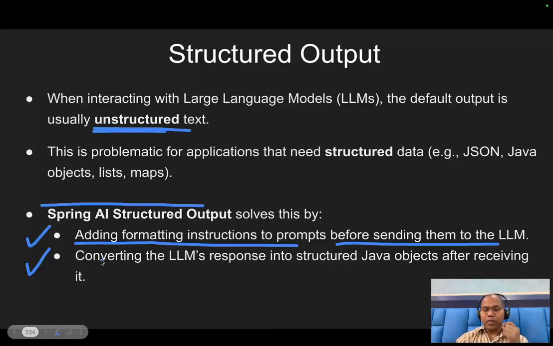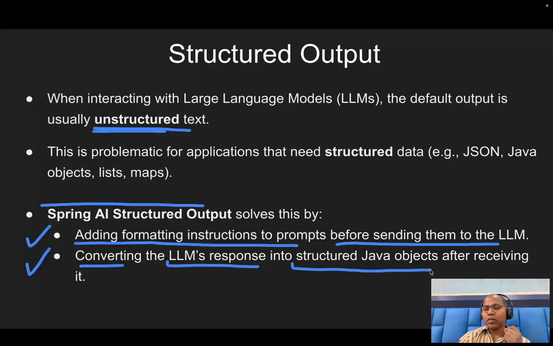And second, once we receive the response from the LLM, which is unstructured text, Spring AI converts the LLM response into a structured Java object. This is the way Spring AI provides the solution between your application and Gen AI.